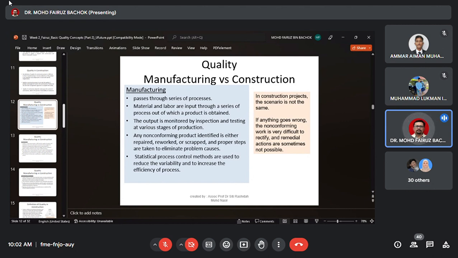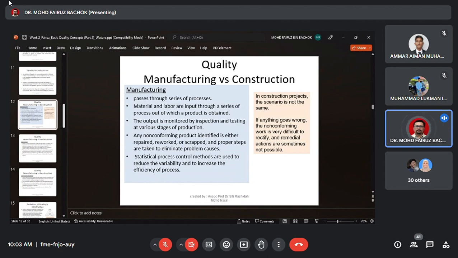Okay, number two, the material and labor are input through a formulation process. Material and labor are input through a series of processes from which a product is obtained. That means they are using the same material. If you want to make junk food, then you use the same material, using flour, sugar, salt, in the same portion.